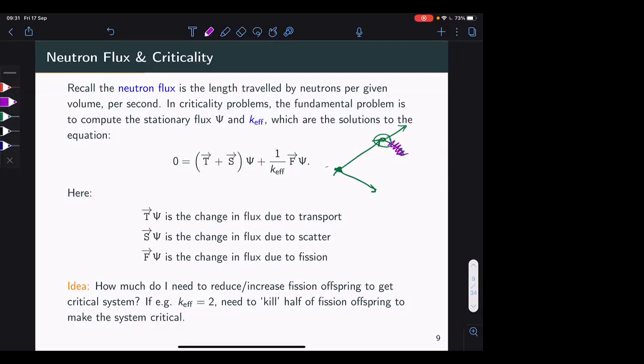It could be that I flick a coin corresponding to K effective, and I produce 2, and then I just delete this one. But it doesn't mean I need to produce the 2; it's important that this is a fission and not a scatter event for the accounting that's going to come.